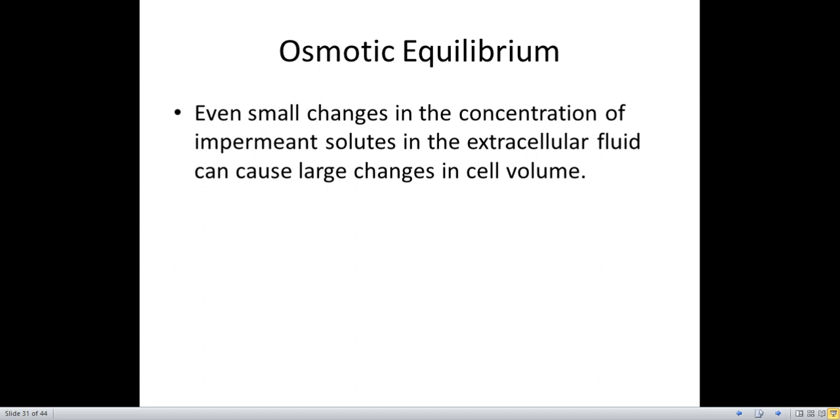Therefore, as a result of these huge forces, even small changes in the concentration of impermeant solute in the extracellular fluid can cause large changes in cell volume. Now let me explain the effects of different concentrations of solutes in the extracellular fluid on cell volume in the next few slides.